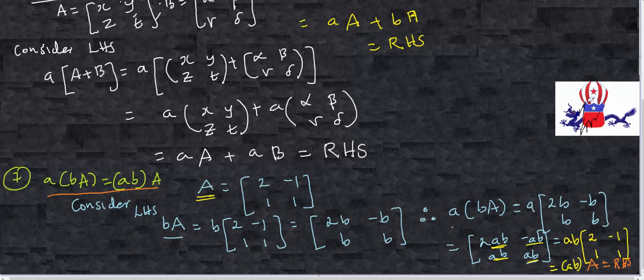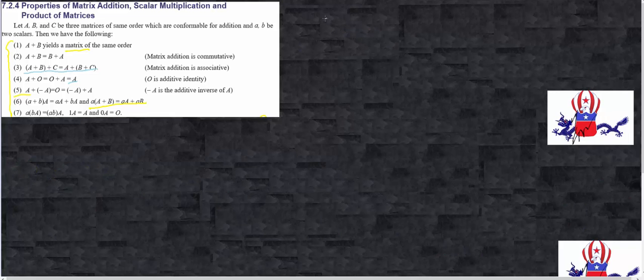Now we got one more property to go. We have the last part of the property, which is that I, the identity matrix, multiplied with A would in turn give me the matrix A. Now I is usually written as 1, 0, 0, 1.